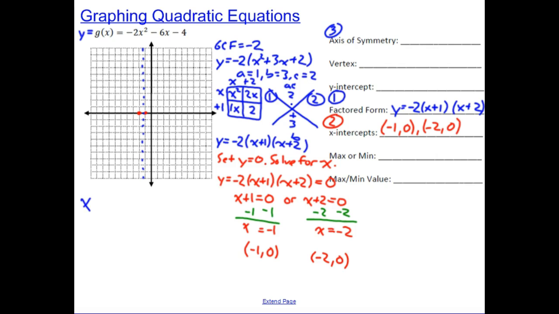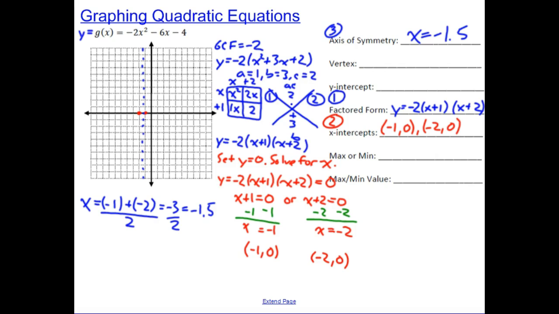So my axis of symmetry is an equation, x equals the average of these x values, -1 and -2. Averaging them means adding and dividing by 2. So I have -3/2, or in decimal form, -1.5. I can write that in my answer area, x equals -1.5.